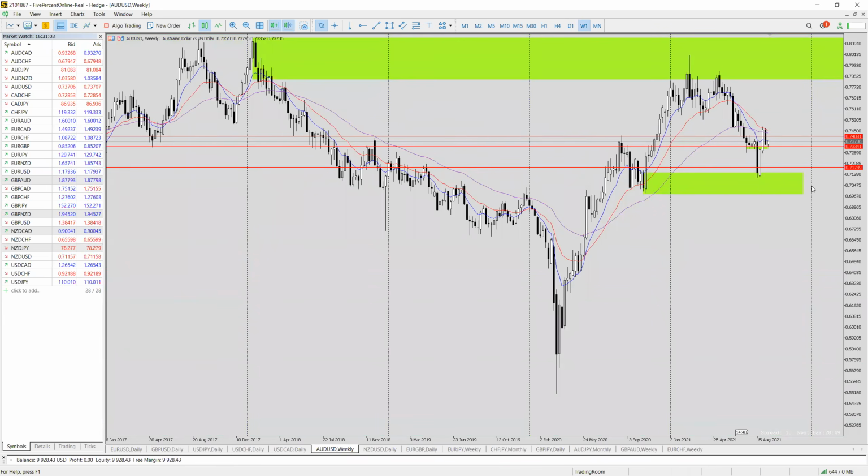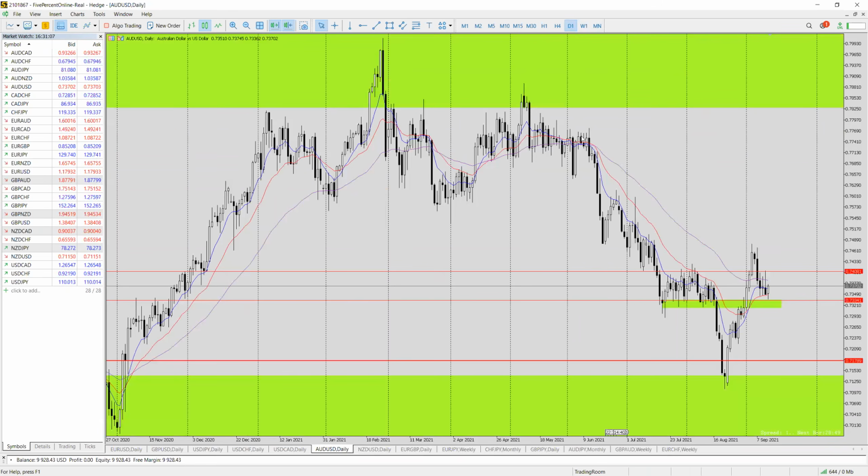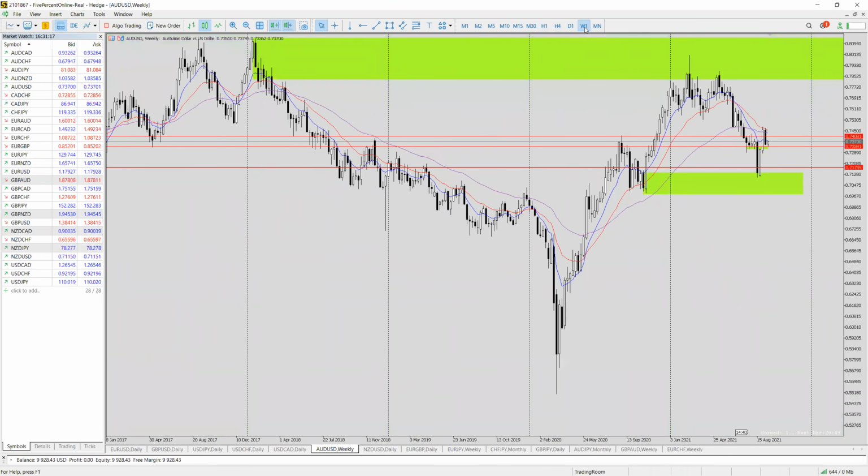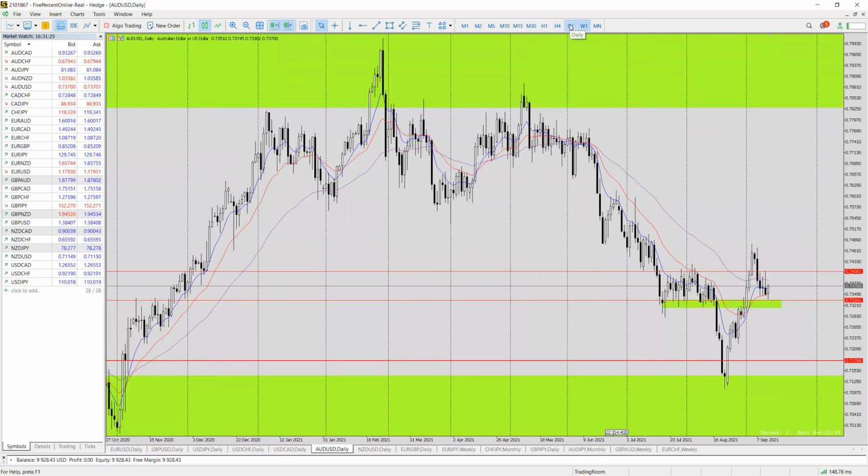I was quite surprised to see it continue higher, because I thought it would just retest this zone and then continue lower. But as you can see, it moved higher because this is a very strong demand zone, the weekly demand zone, and it reacted very nicely to it.